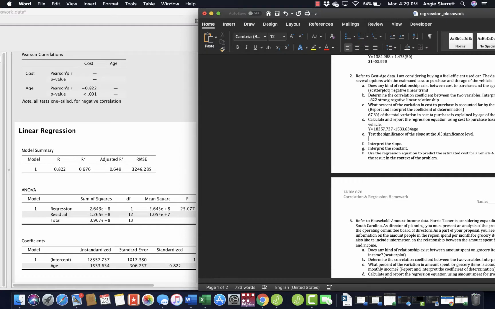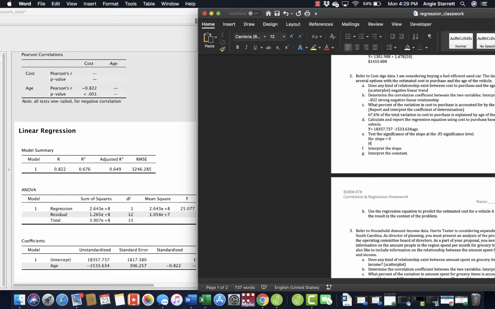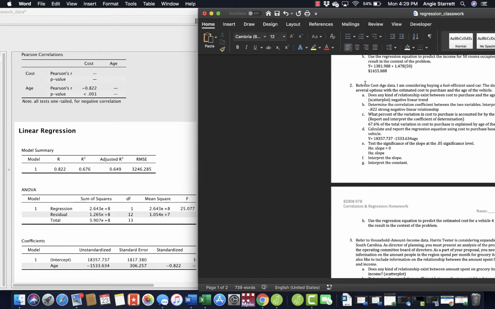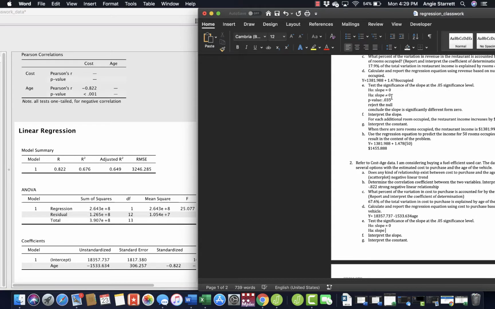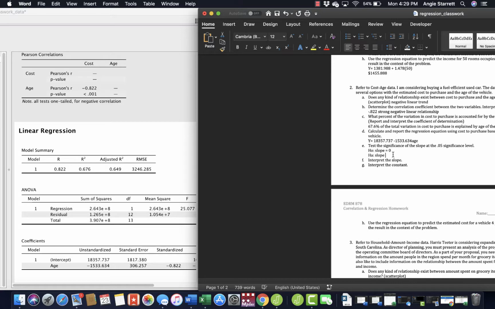All right, test the significance of the slope. Our null is slope equals 0. Our alternative is slope not equal to 0.